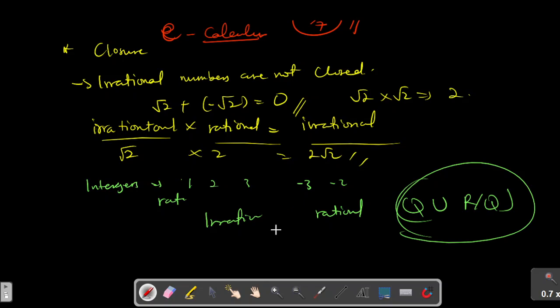As it stands now, I don't know if anyone can still bring a different number concept, and that would be very beautiful, because combining irrational plus rational has been able to cover every possible number you can think about in this world. So this is the concept of irrational numbers, and I've just shown you how to identify if a number is irrational. It doesn't have a terminating or recurring decimal, and neither can it be represented in the form P over Q, where Q is not equal to 0.